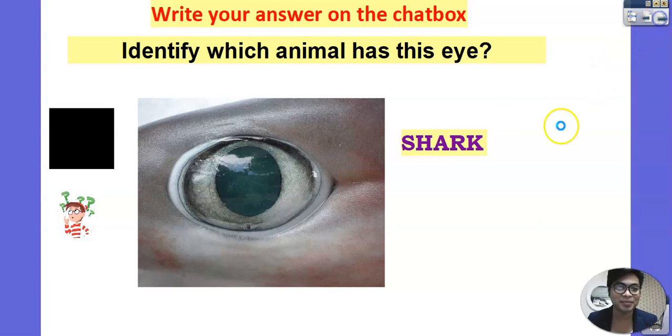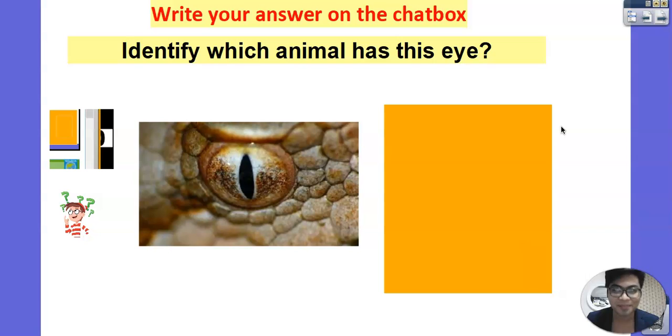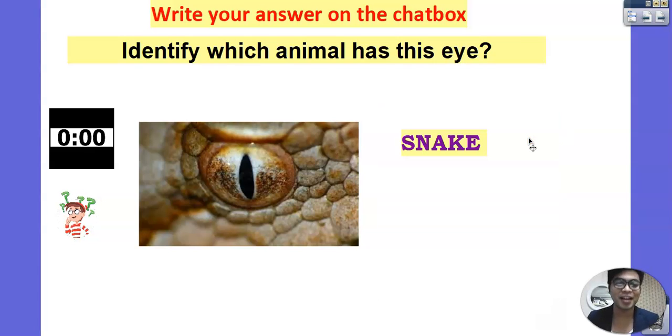Question number 2. Look at this very carefully. Let's see if you get a correct answer. Did you get it?